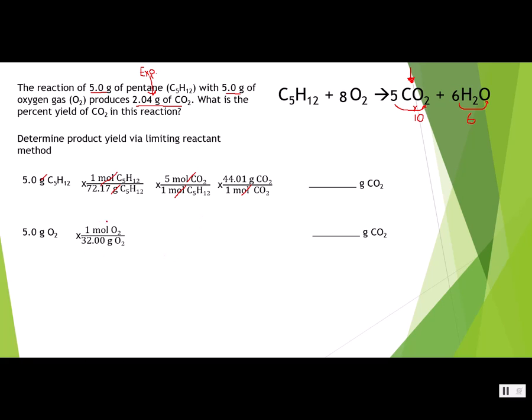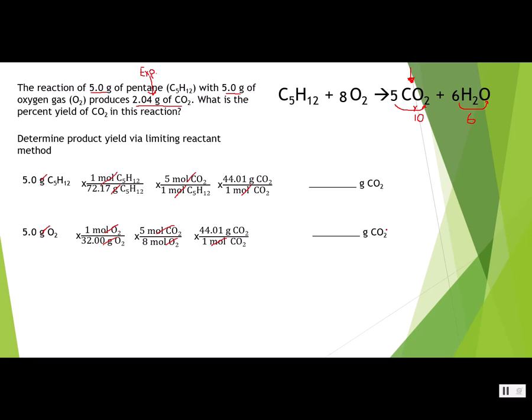I do a similar dance with the oxygen, making sure I use the molar mass for oxygen and the coefficients of the balanced chemical equation that involve carbon dioxide and oxygen. And then finally, the molar mass of carbon dioxide.